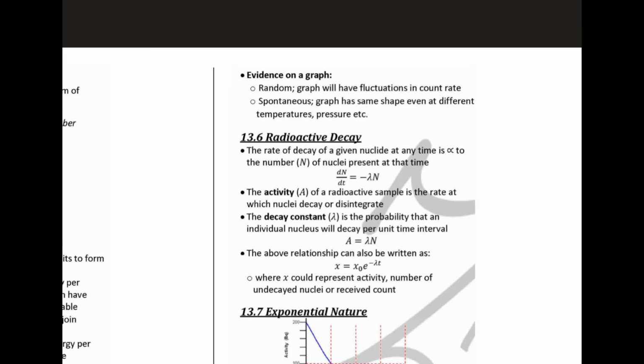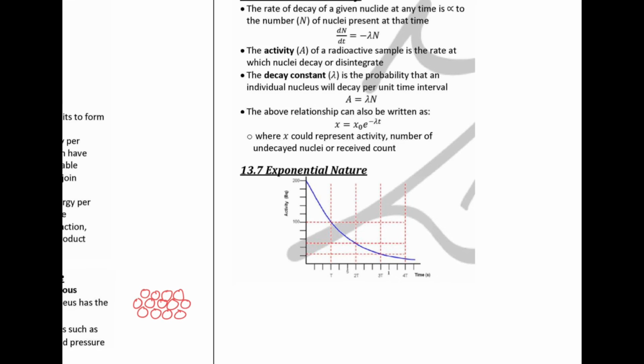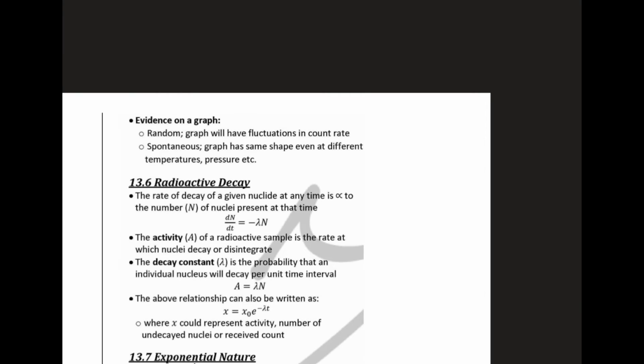And then spontaneous. The graph has the same shape even at different temperature, pressure, and so on. So meaning that if you do it at two different temperatures, the graph is still the same.